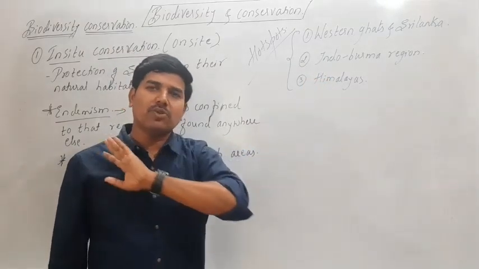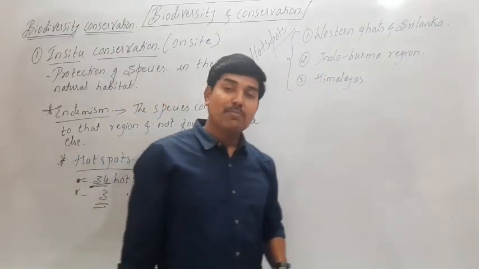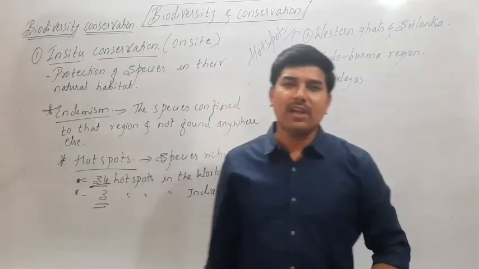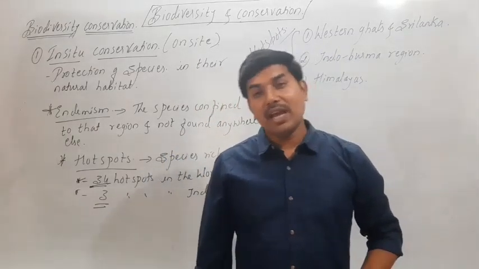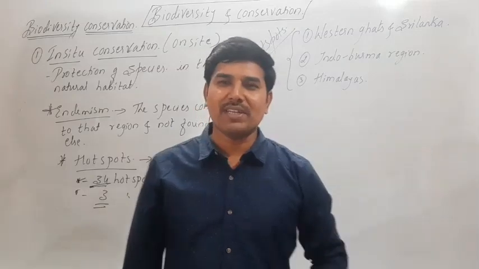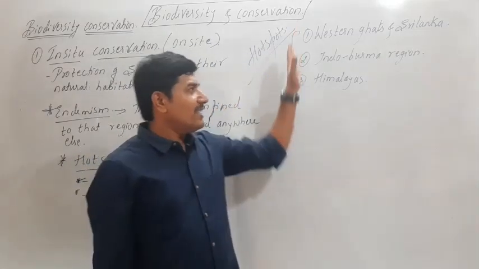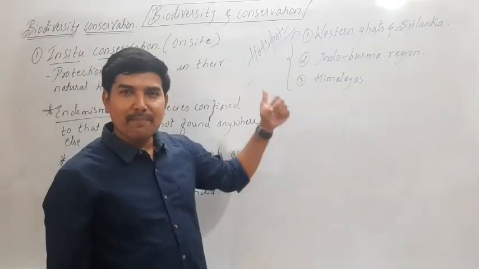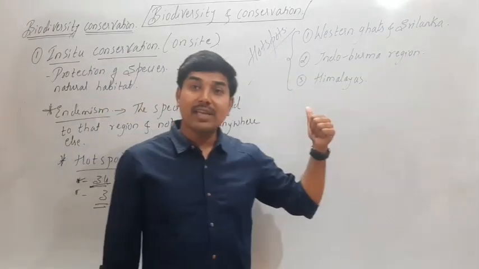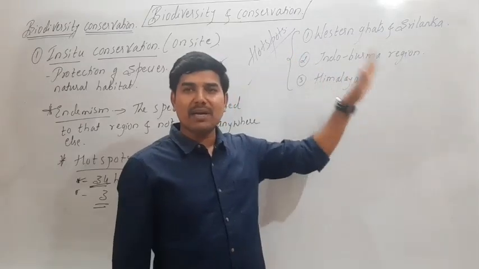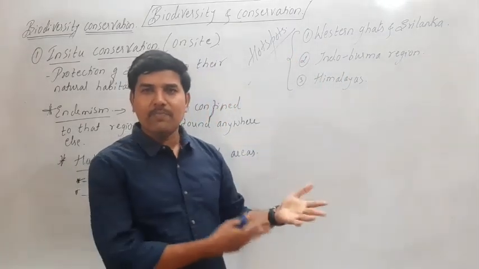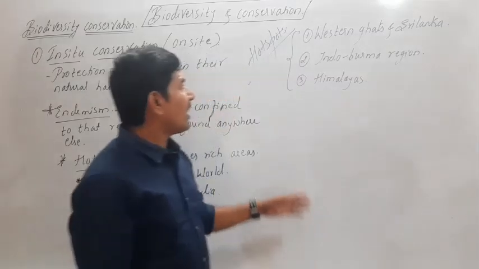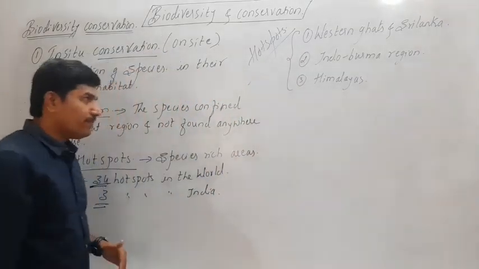The Himalayan region has many species, even many native species, and some medicinal species are also present. That's why these 3 are the major hotspots of India. Remember, it is a 3 mark level question. So this is regarding hotspots.